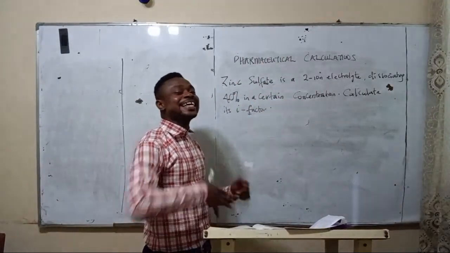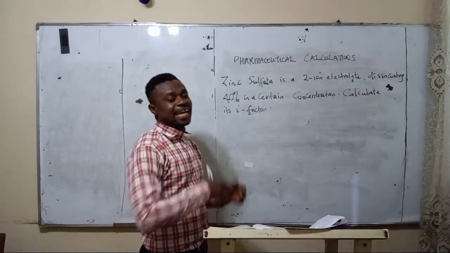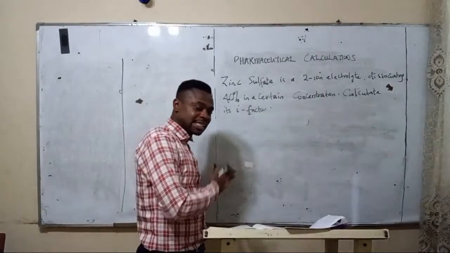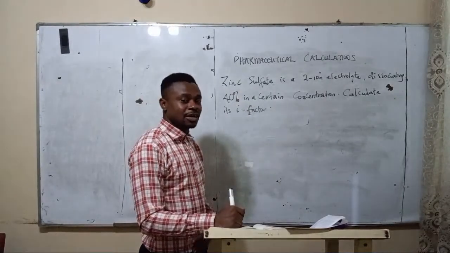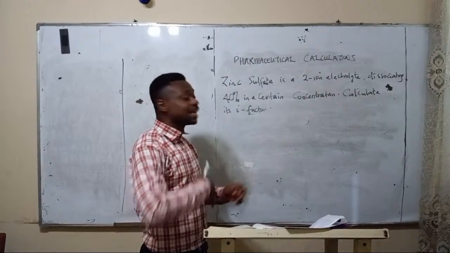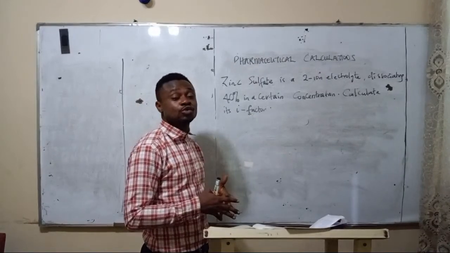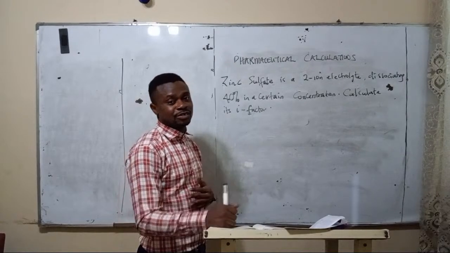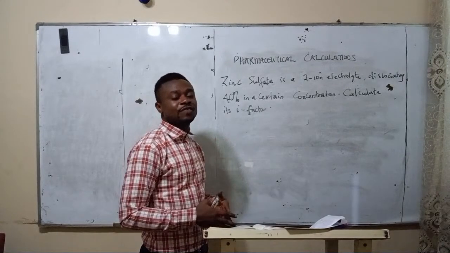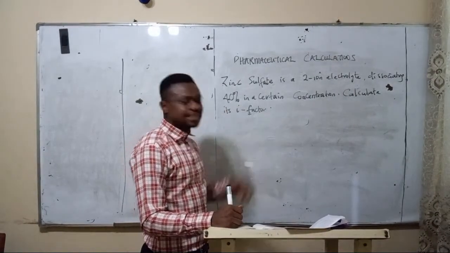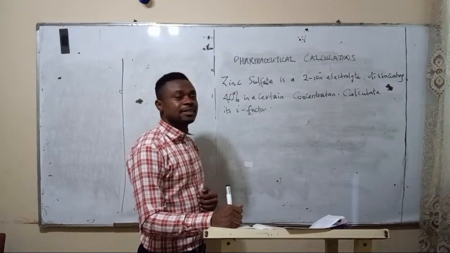So there will be an increase in the particles, both undissociated and dissociated ions. This will contribute to an increase in osmotic pressure, concentration of the ions and osmotic pressure, and will impact tonicity in the what?